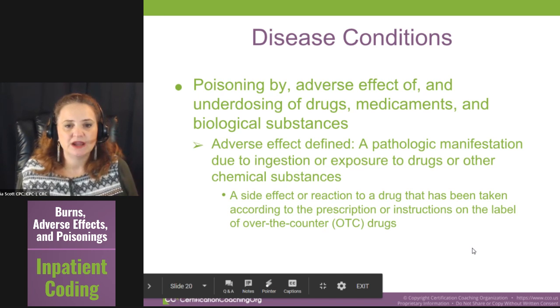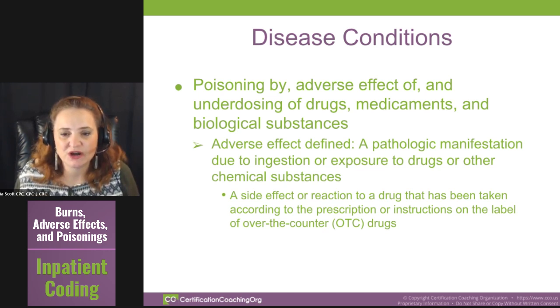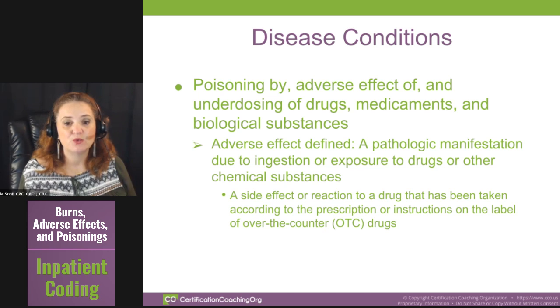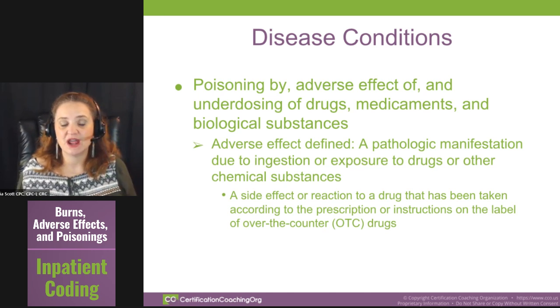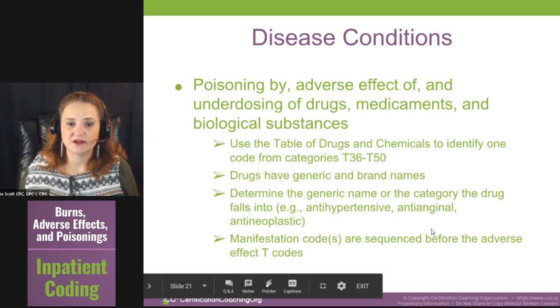Now reiterating our poisonings, and with adverse effect, it's a pathological manifestation due to ingestion or exposure to drug or chemical substance. That's really your definition. And we need to know what the side effect or the reaction to the drug is, and be very careful whether it's a prescription, and don't overlook OTC or over-the-counter medications.